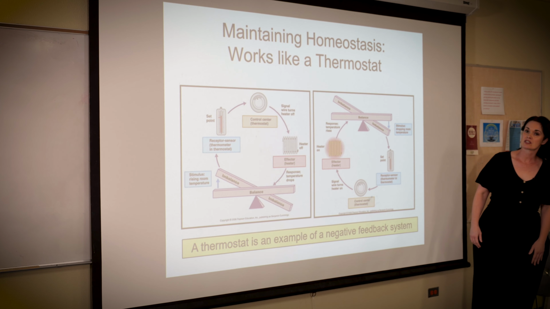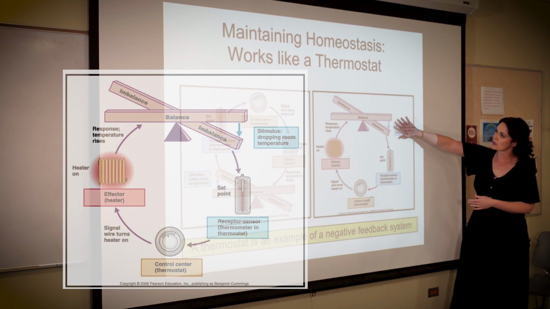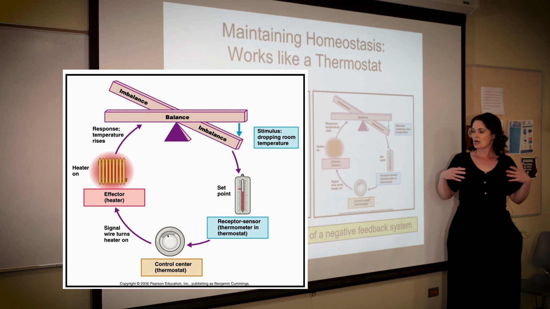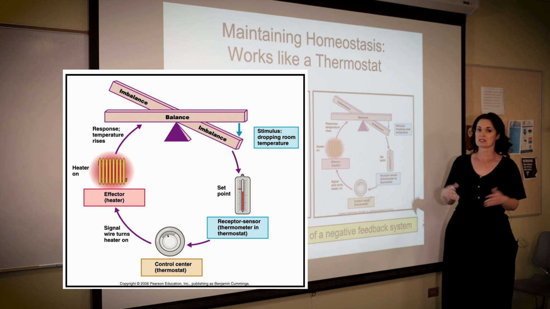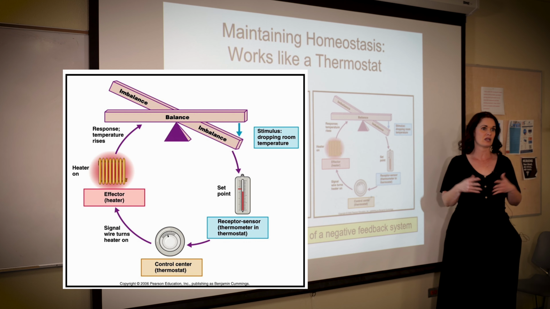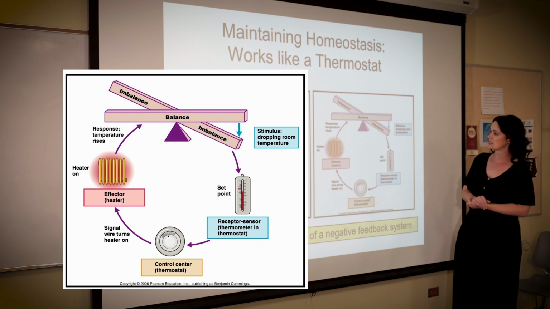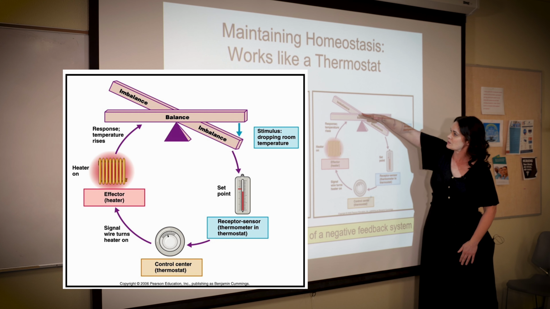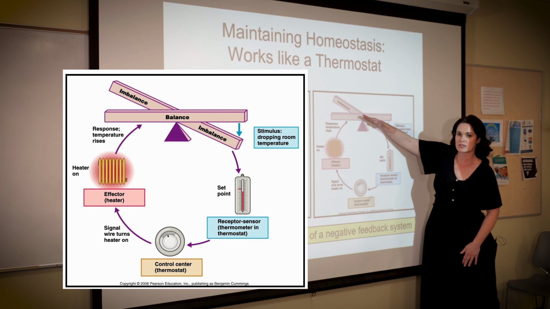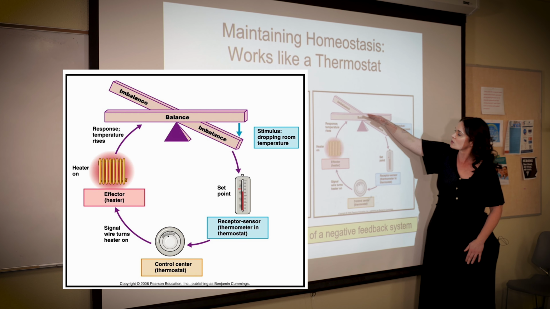If we go to this picture over here, this is showing what happens maybe on a cold wintry day, right? You want your house to be 70 degrees, but it's snowing outside, the wind is blowing, it's cold, it's dark, it's all of those things that winter is in Idaho. And so we set it to 70 degrees, but it's starting to creep down and your room's starting to become cooler than that.